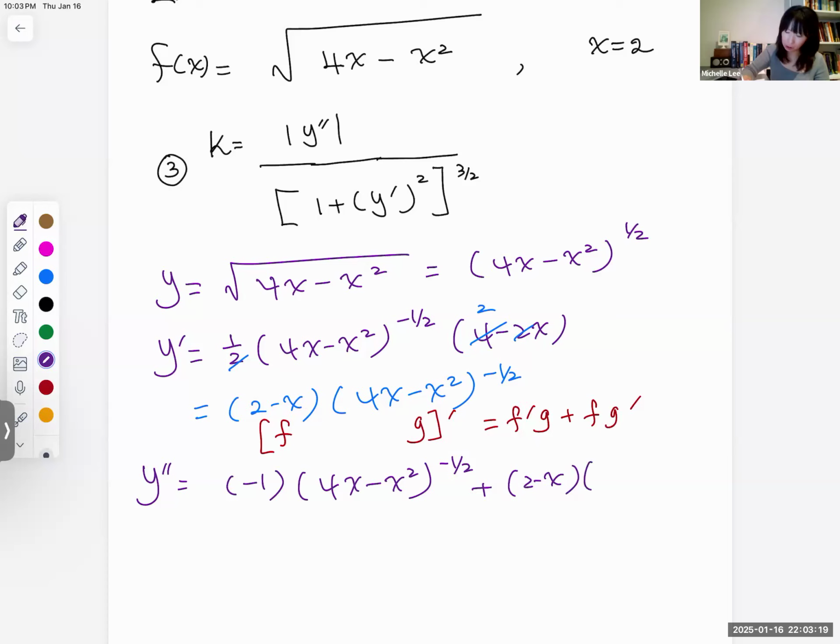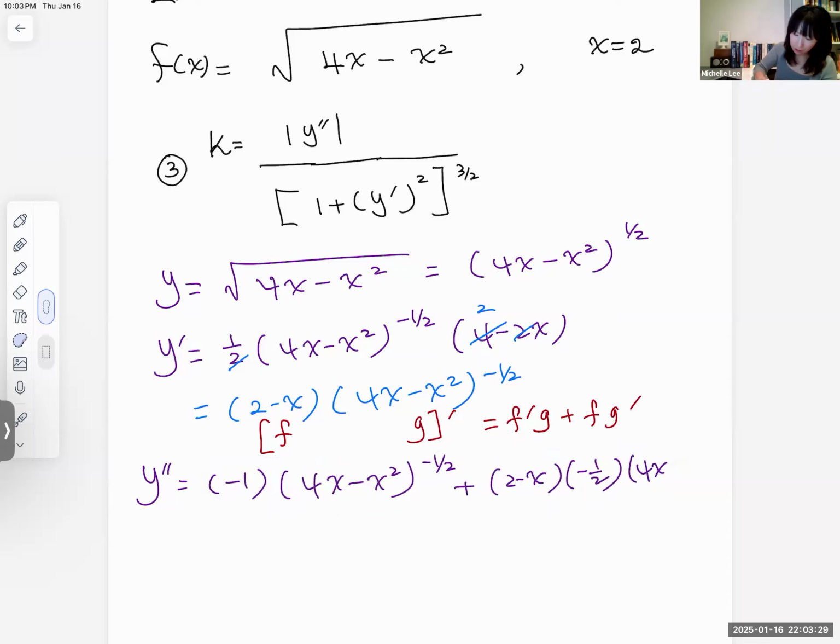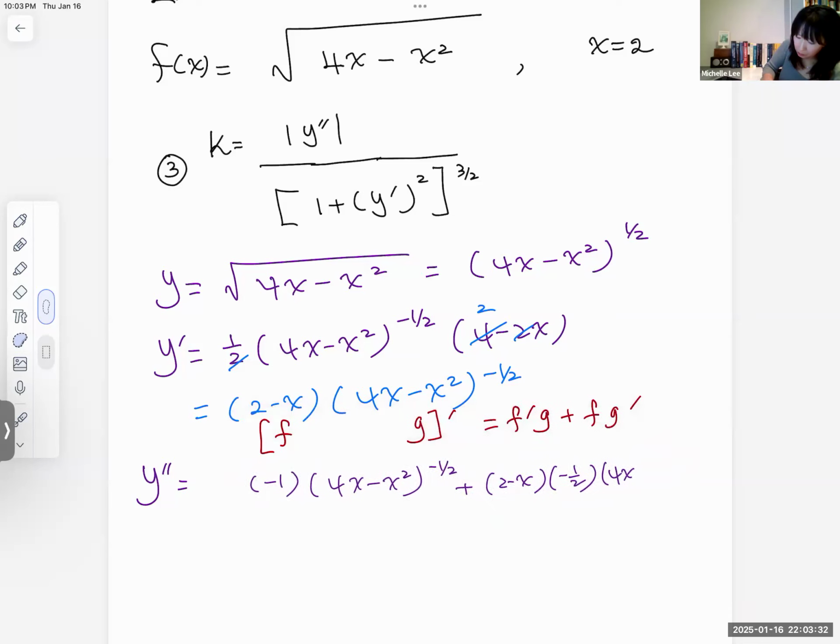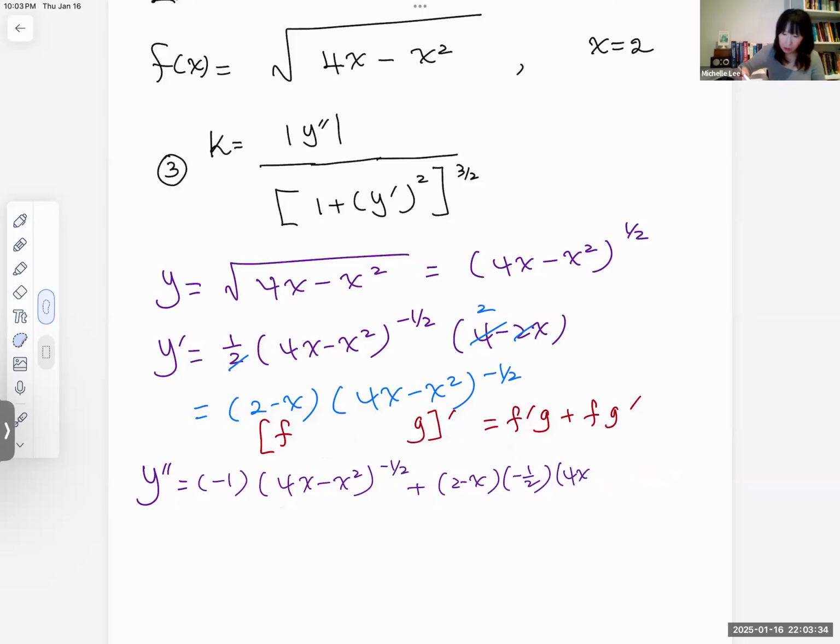So we drop the power, 4x minus x squared to the negative 3 over 2, and chain rule 4 minus 2x again, right?